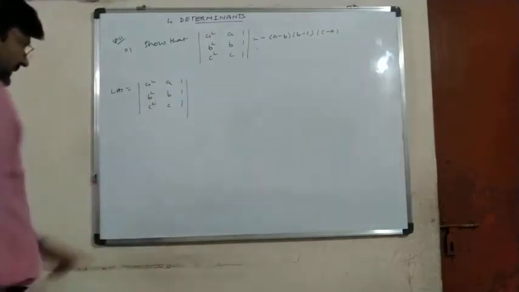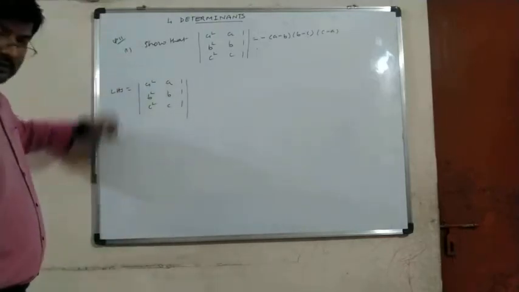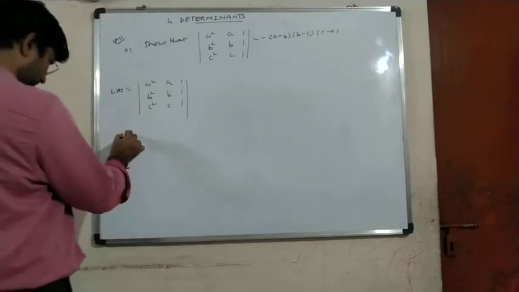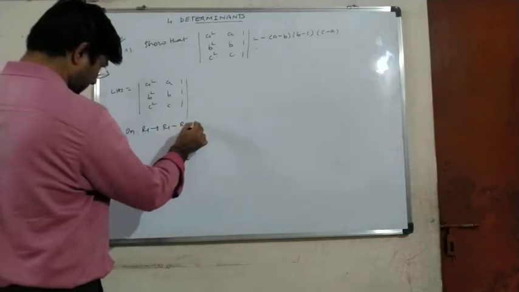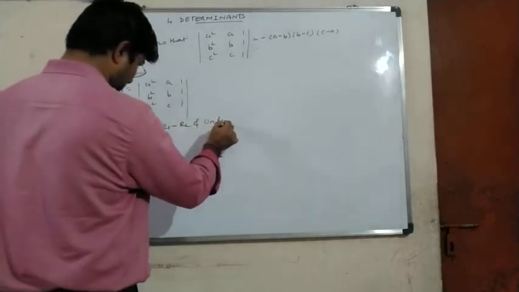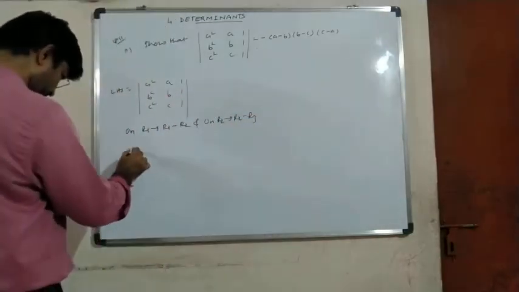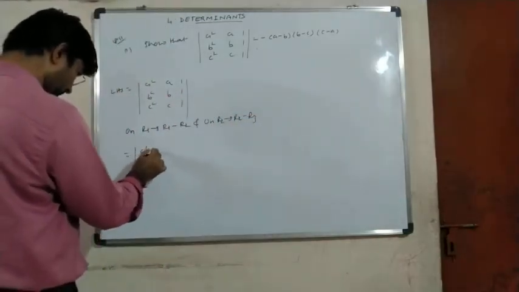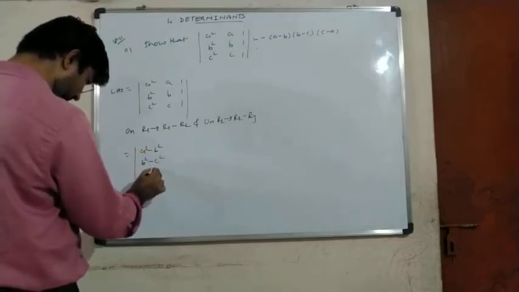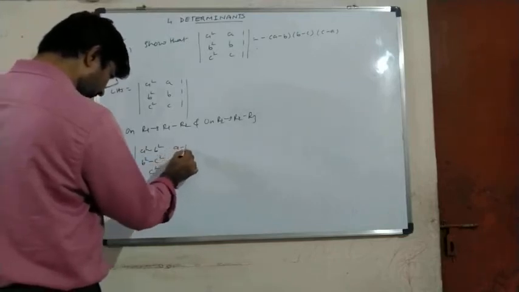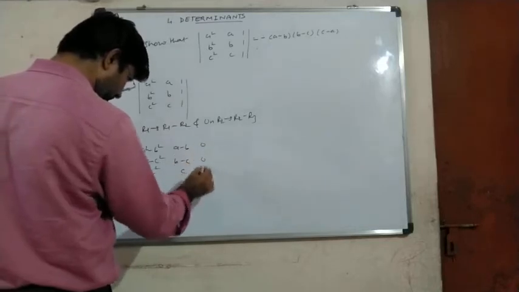Now it is very clear, if you have 1, 1, 1, what you are going to do: on R1, R1 minus R2, and on R2, R2 minus R3. So a square minus b square, b square minus c square, 0; a minus b, b minus c, 0; and 0, 0, 1.